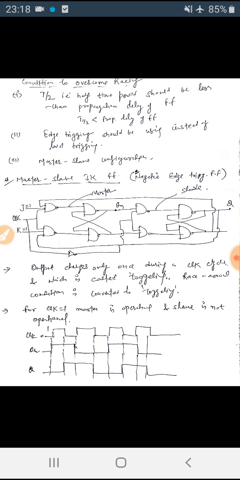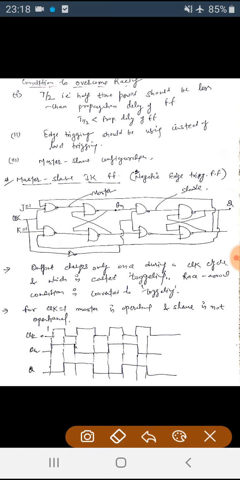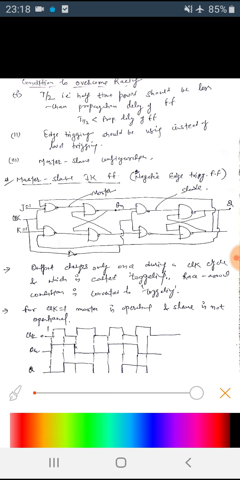So there are basically 2 or 3 methods to overcome that. One is, if we can make the half time period t half less than the propagation delay of flip-flop, then this racing condition can be overcome.